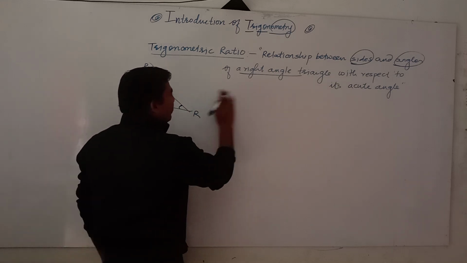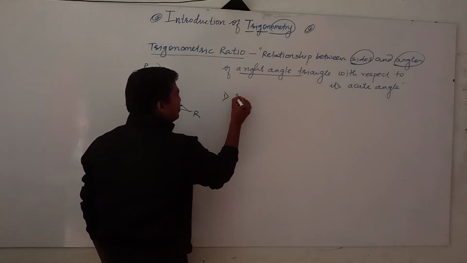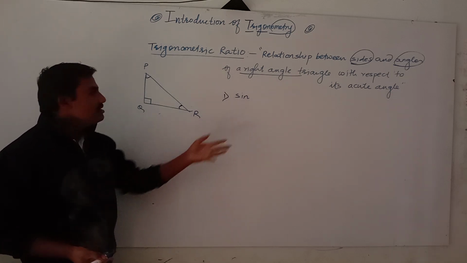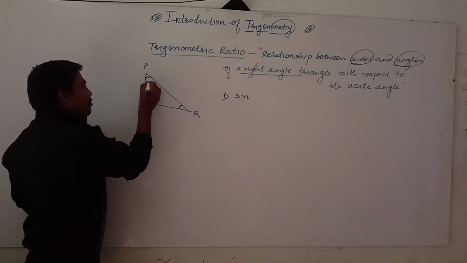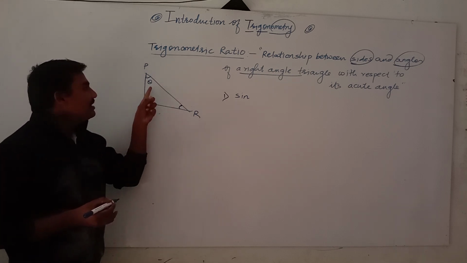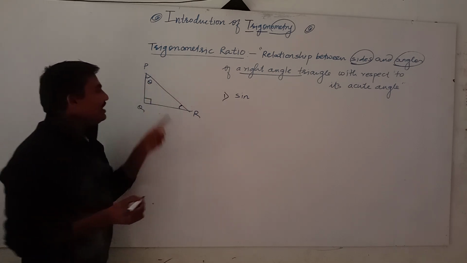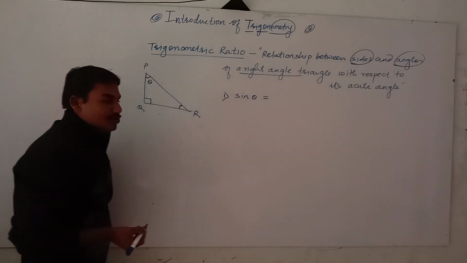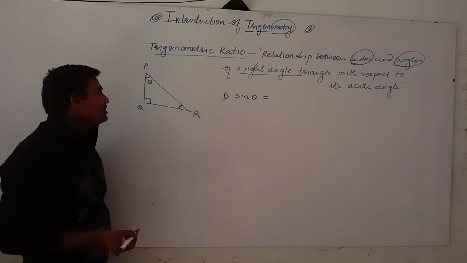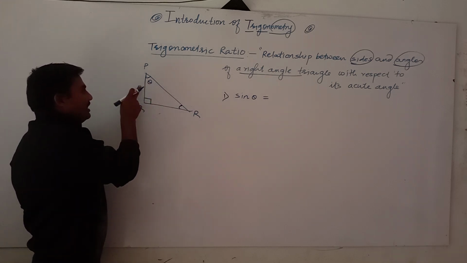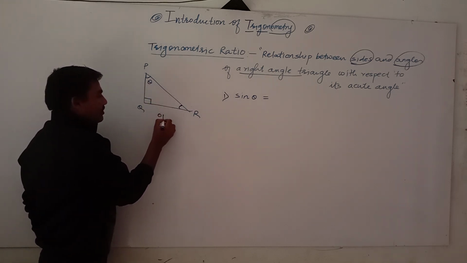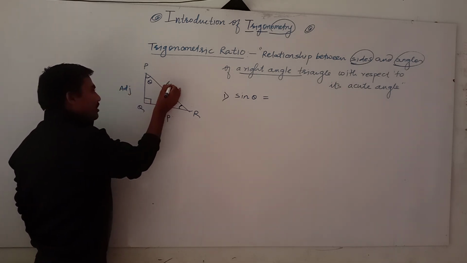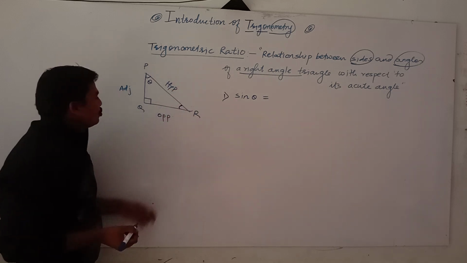The first is sine. We have to consider one angle, suppose P, which is theta. So sine theta is the first trigonometric ratio. It is defined using the opposite side, the adjacent side and the hypotenuse.